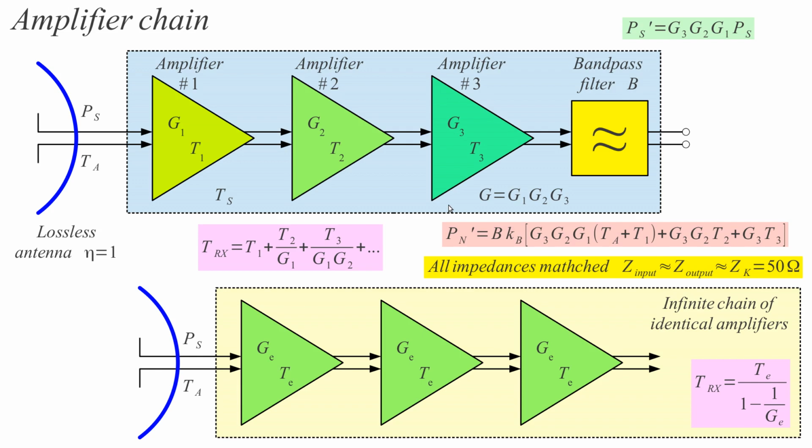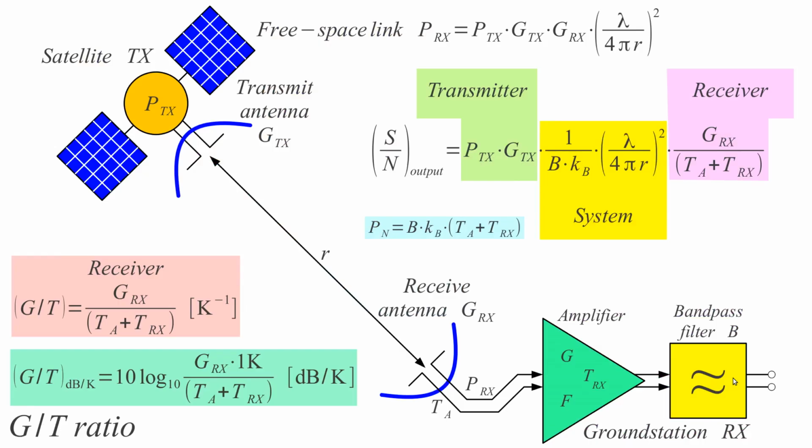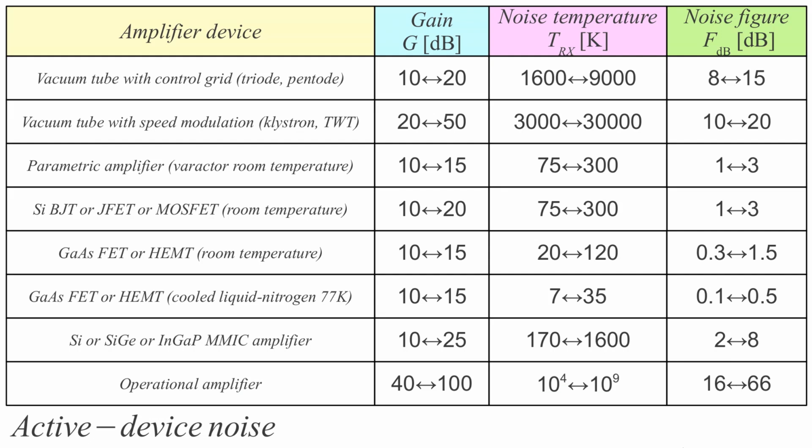Second stage and further stages: this equation does apply, but the contribution of the further stages, since G of each stage is large in linear units, is very small. So they have plenty of gain usually.